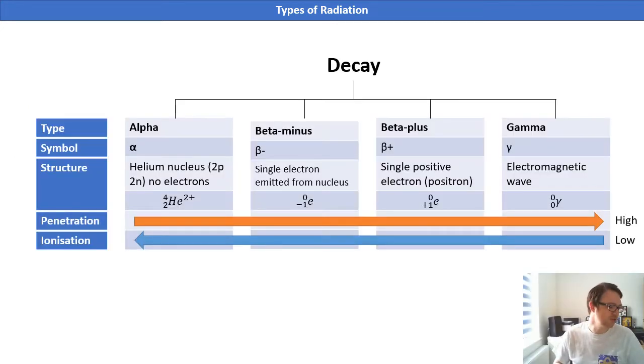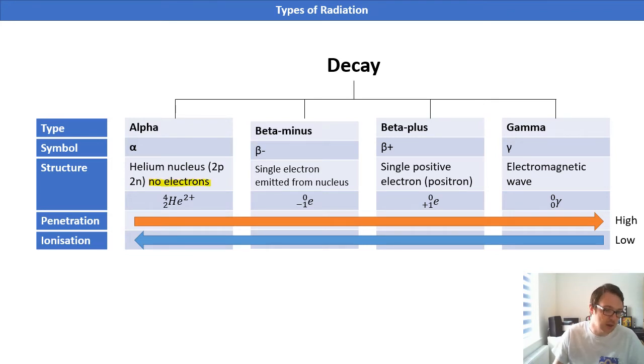So as we've mentioned, and is on the front page of the booklet, there are lots of different types of radiation that we've got to consider. So we'll start with the heaviest, which is the alpha radiation. Now alpha is a helium nucleus, which means it's got 2 protons and 2 neutrons, but does not have any electrons.